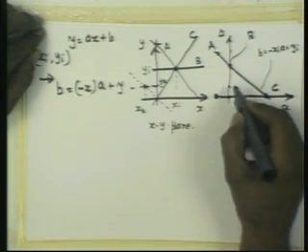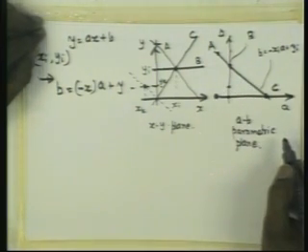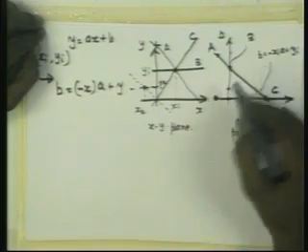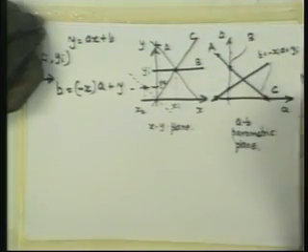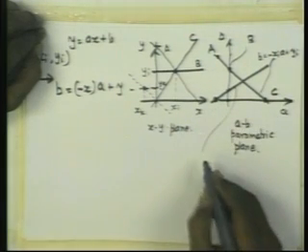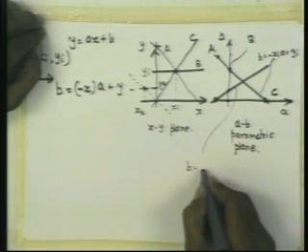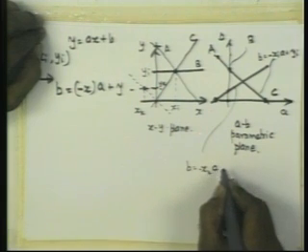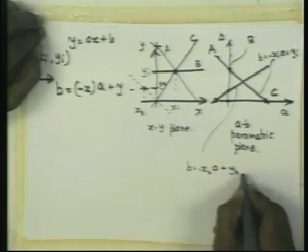Now this line here is b = -xk times a + yk.